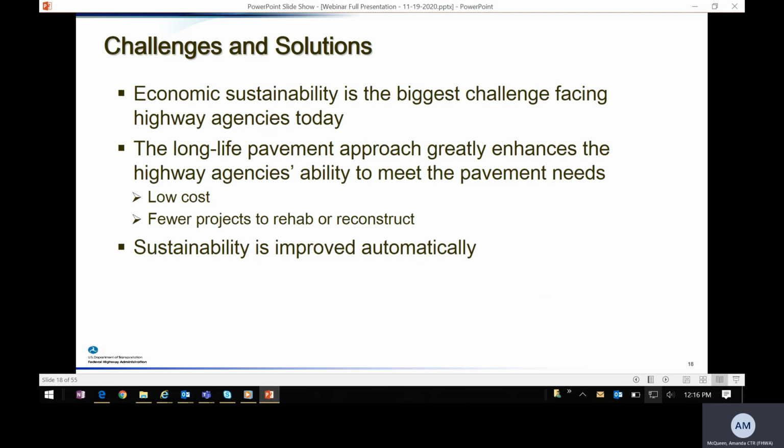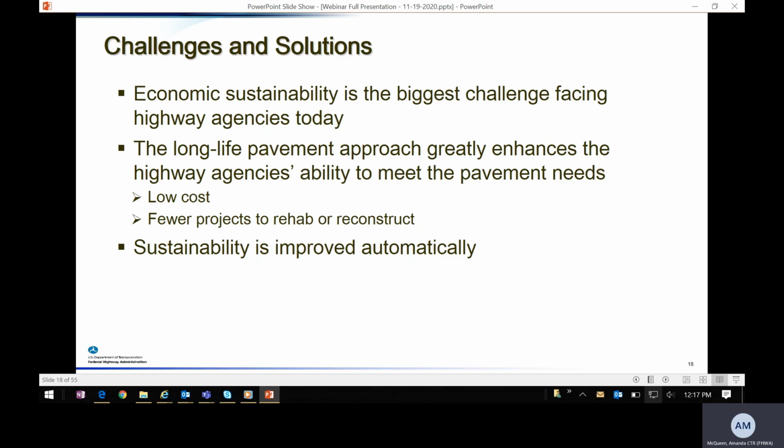Now, pavement managers are well aware of these concepts. So the even bigger challenge than adopting this concept is we have a very extensive network of pavements. And if we spend resources reconstructing, say, a short segment of our network, then that impacts what we can do with the rest of the network. Then we wouldn't be able to provide as much coverage. So that is the biggest challenge we have.